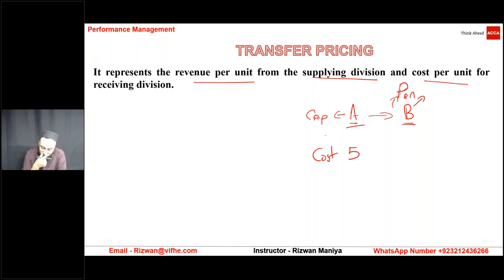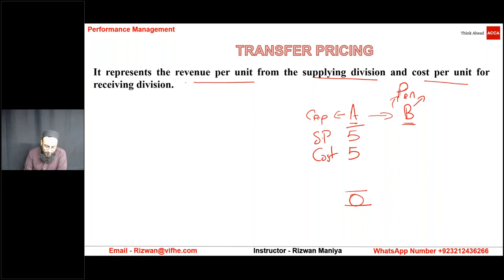In return, Division B says, we are part of the same company. How can you charge a profit from me? Okay, B is trying to play tricks here. Try to understand quickly. So B will say, come on, I'm part of the same company. You can give it to me at your cost, okay? A says, okay, fine. I'll just transfer this for 5. My cost is 5. I'll transfer this for 5 and I will have no profit, no issues. You're part of my company.